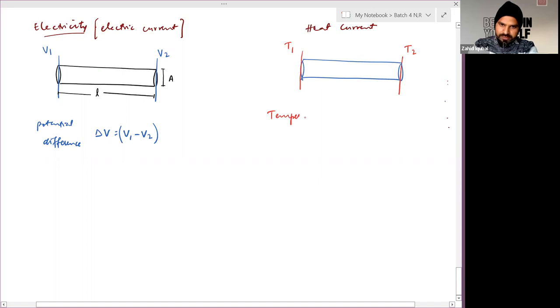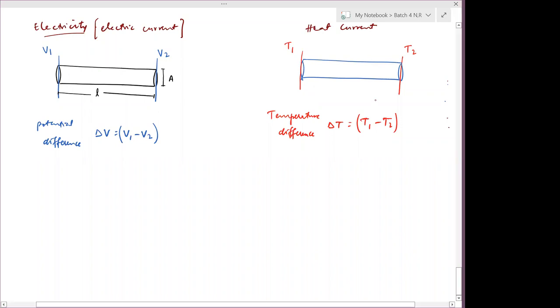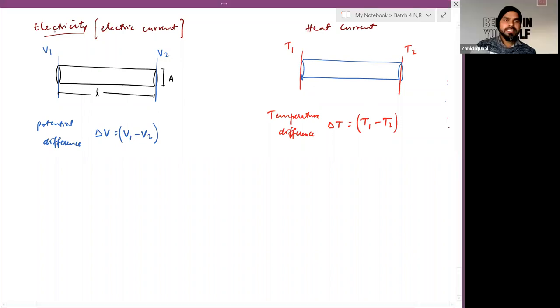So there will be a temperature difference, delta T, T1 minus T2. This will be responsible for flowing of heat current from the end at higher temperature to the end at lower temperature. Is it clear? Yes, sir. Raza, any doubt?